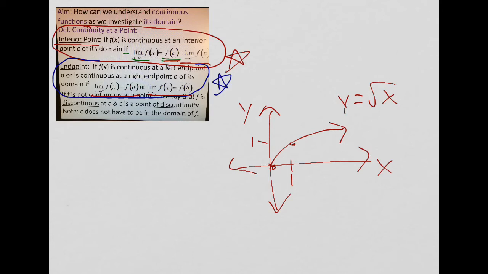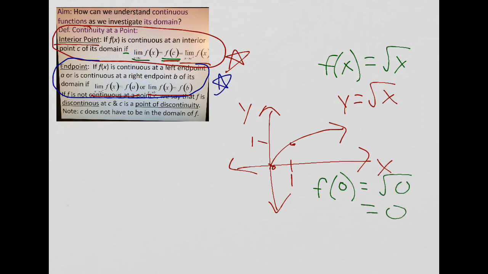So let's take a look at what we're saying over here. We know that if we plug in 0 for our function, so let's actually write it as a function, then we're plugging in 0 for x, and we find that the answer is 0. Well, as you can see, this is a left endpoint, because it's on the left-hand side.